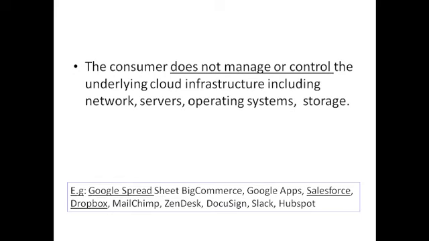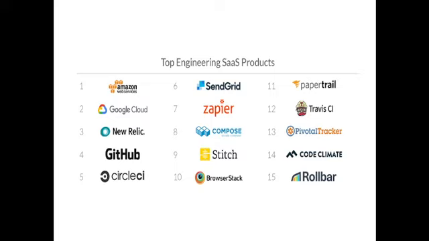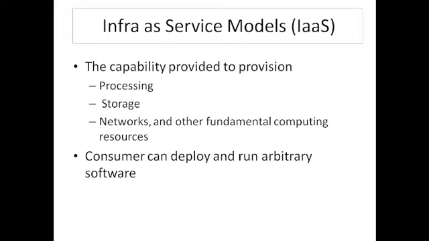So the consumer does not manage or control the underlying cloud infrastructure, including network servers, operating systems, and storage. So these are all the examples of some software as a service products. So infrastructure as a service may be providing processing, storage, networks, and the consumers can deploy and run arbitrary software.